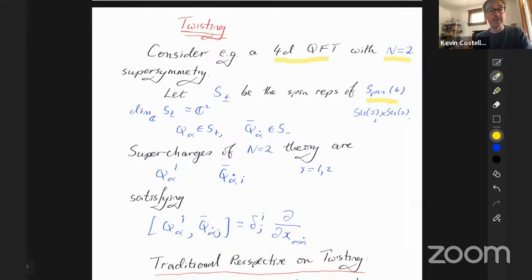They're of complex dimension 2. I'm going to use Penrose's notation for spinors. Spinors in S plus will have a Greek index alpha, and in S minus, they'll have a dotted index.